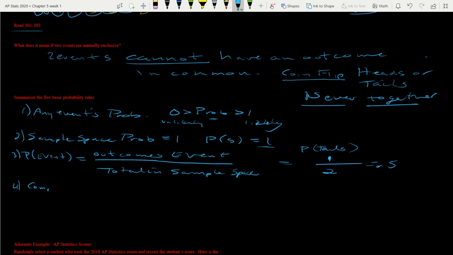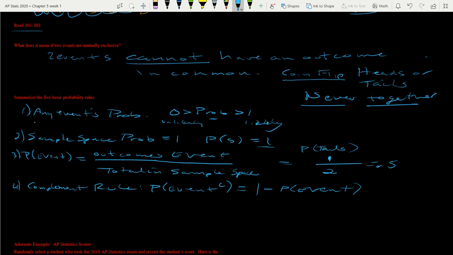All right, so the complement rule. Complement, meaning kind of the opposite is happening. So the complement rule is always this: the event's complement, put a little C up there for complement, is always 1 minus the probability of the actual event.